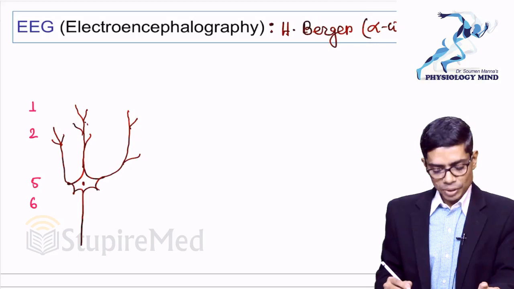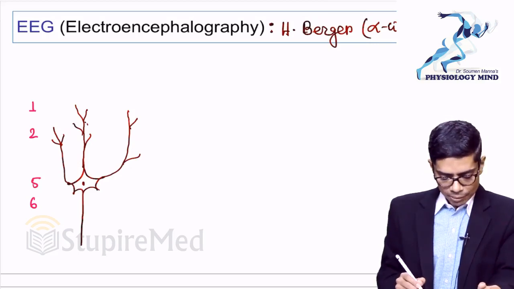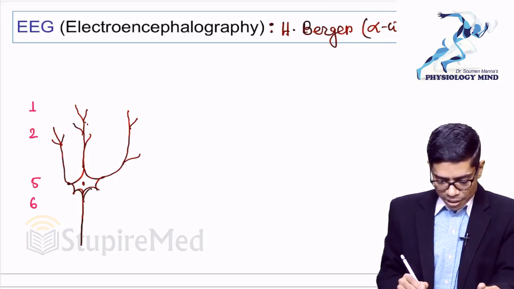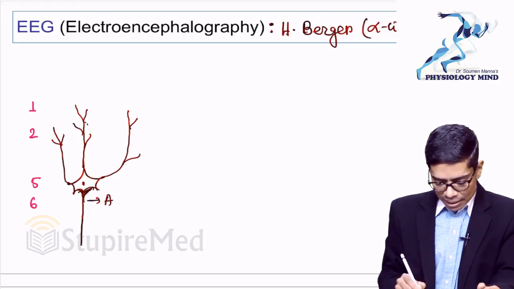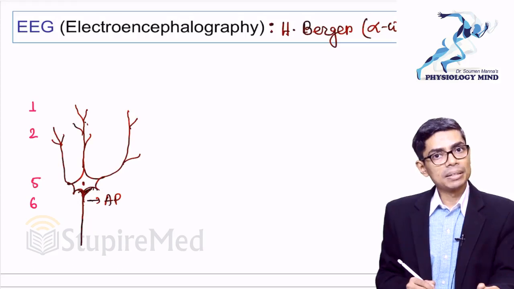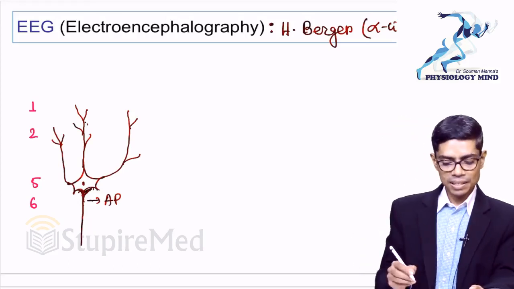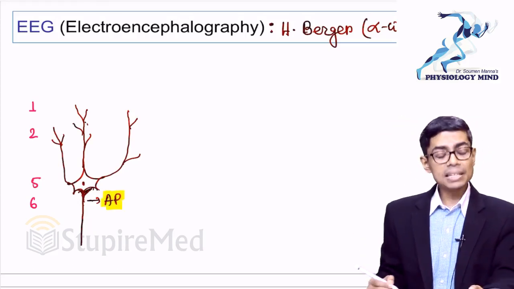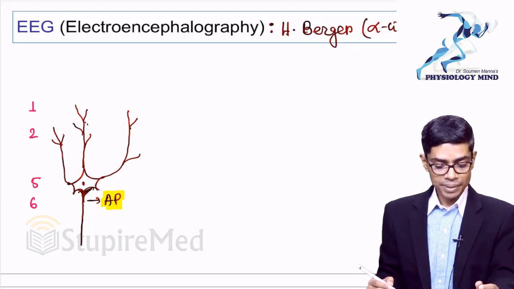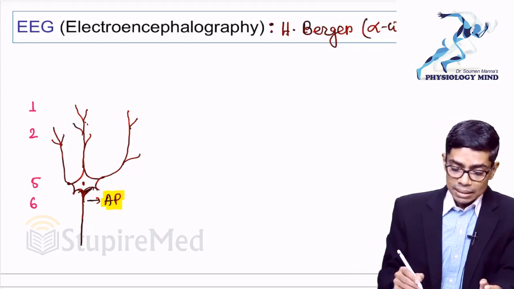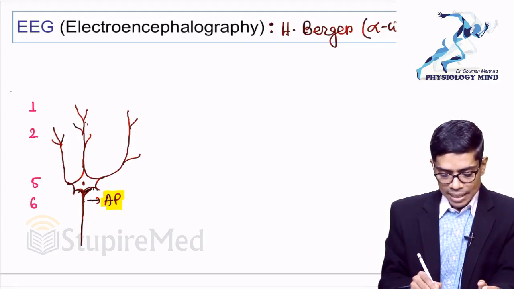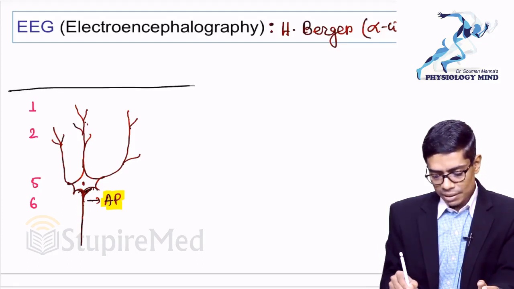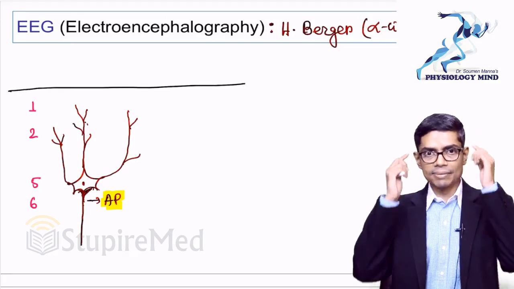Please note down that the action potential of this pyramidal neuron is generated at the level of the initial segment, because that is the portion where the action potential is generated. But in EEG, the electrodes are placed on the surface of the scalp.